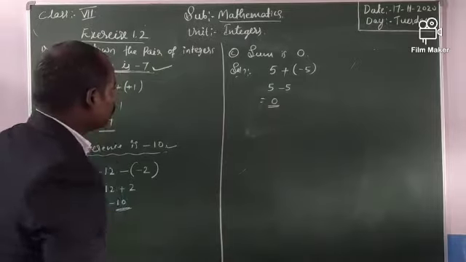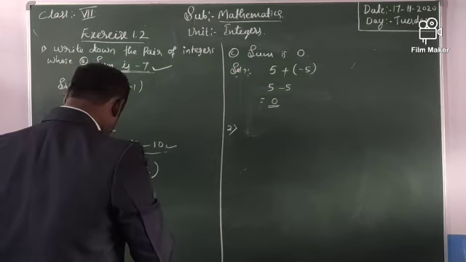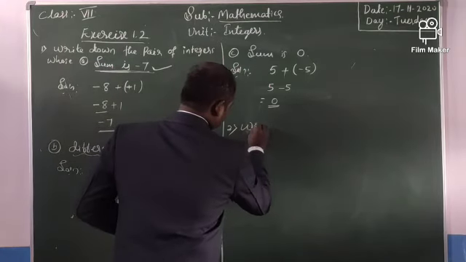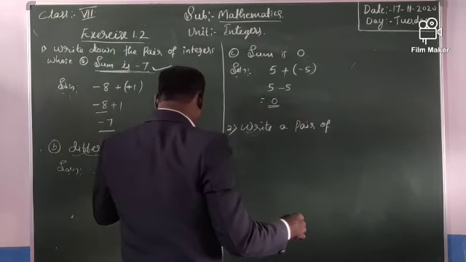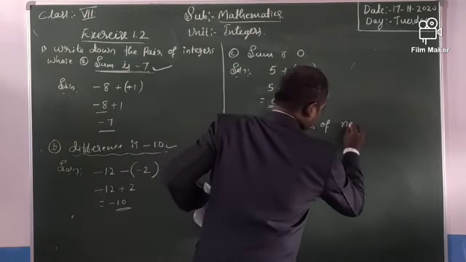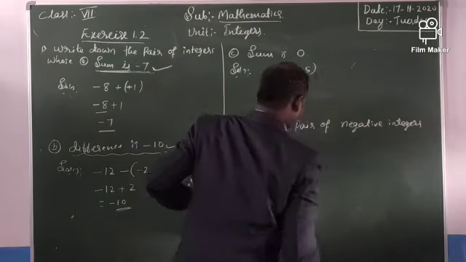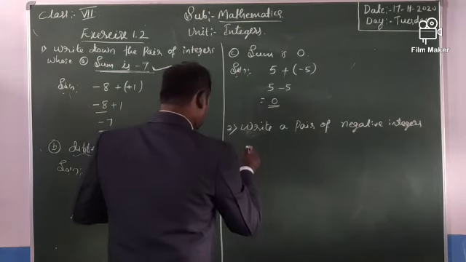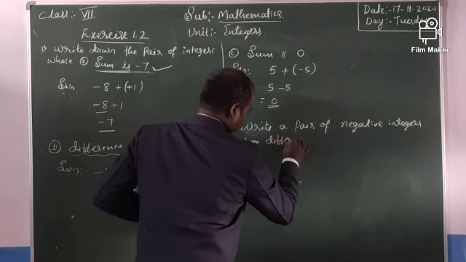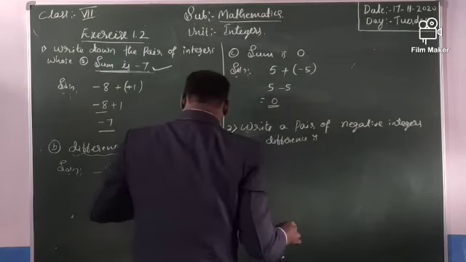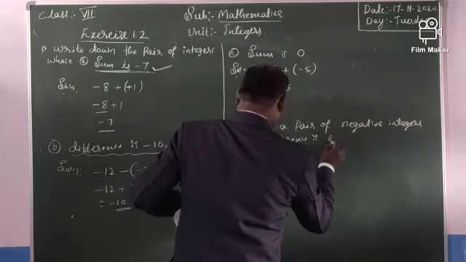Okay, now we are going to discuss the second problem. Write a pair of negative integers whose difference is -8.